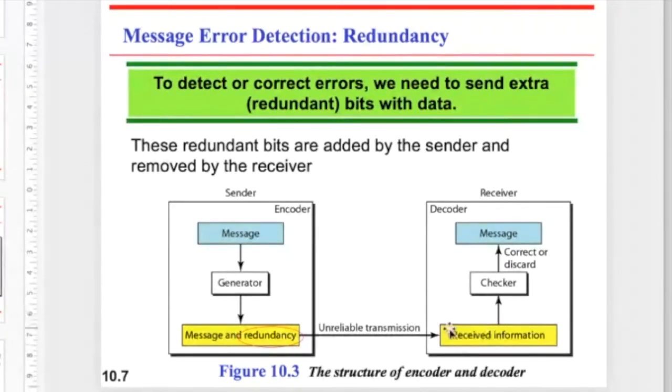From the message that it receives, it generates once again the redundant information for error checking, and then compares the information generated by the receiver with the redundant information sent by the sender. If both of these match, it considers that the message is intact, there is no error, and it accepts the message and discards the redundant information. Otherwise, it says there is an error.